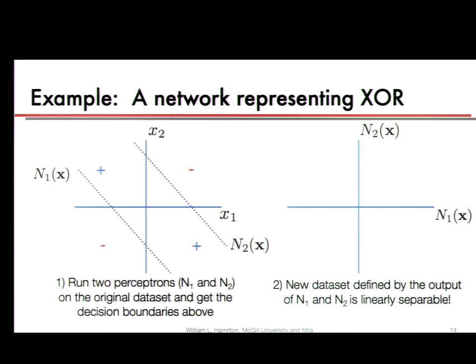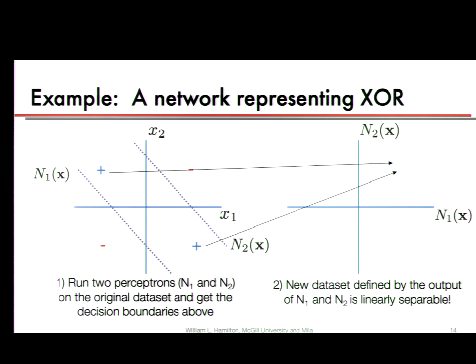But what if we stack? What if we take these original perceptrons and take their output and then stack another perceptron-like thing on top? What if we make a new space where the axes of this space are the outputs of these perceptrons?